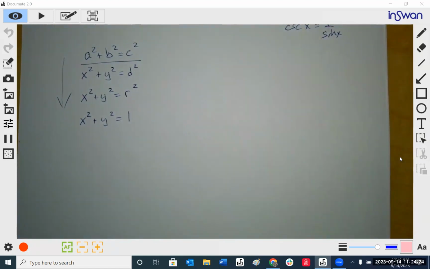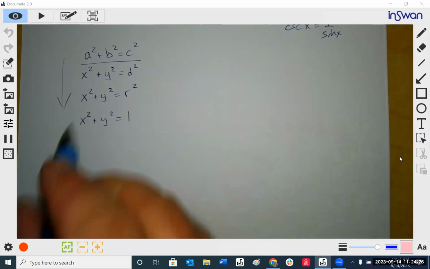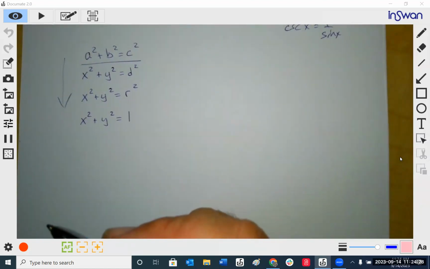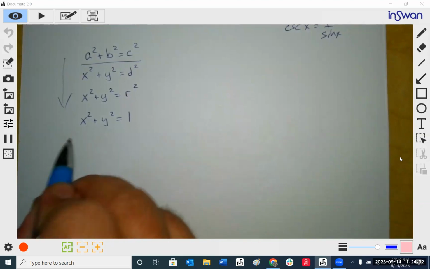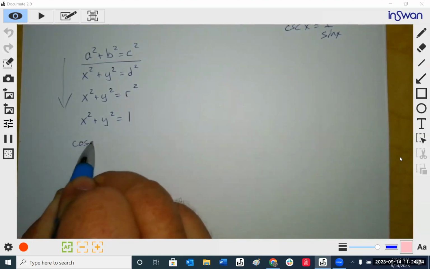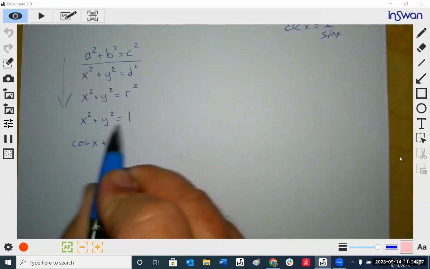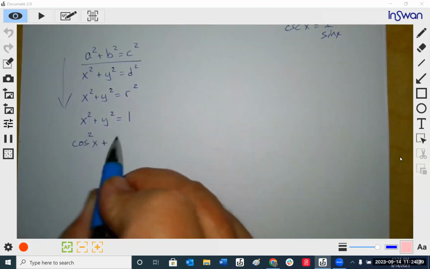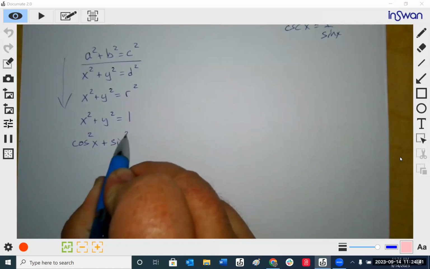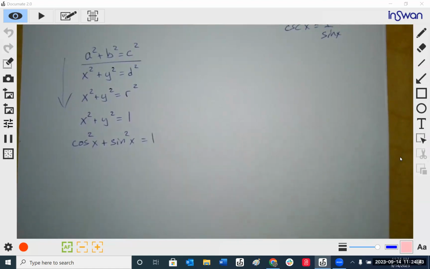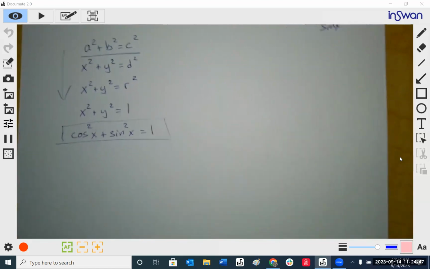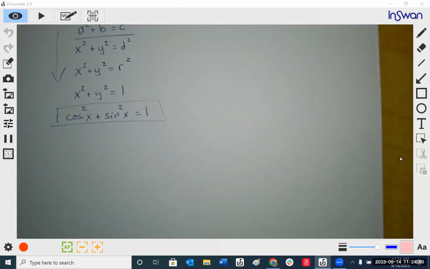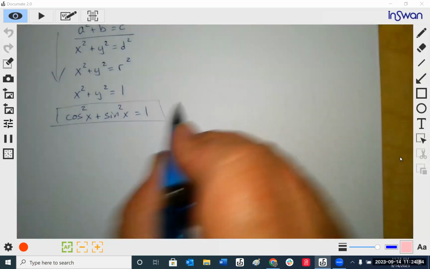Now since we're using the unit circle in trigonometry, the x-axis deals with which function? Cosine of x. The y-axis, sine of x. So cosine squared of x plus sine squared of x equals 1. There's our first trigonometric identity. So we can use that.